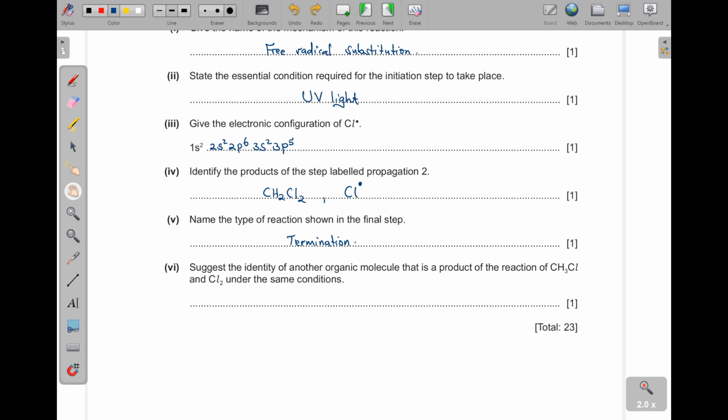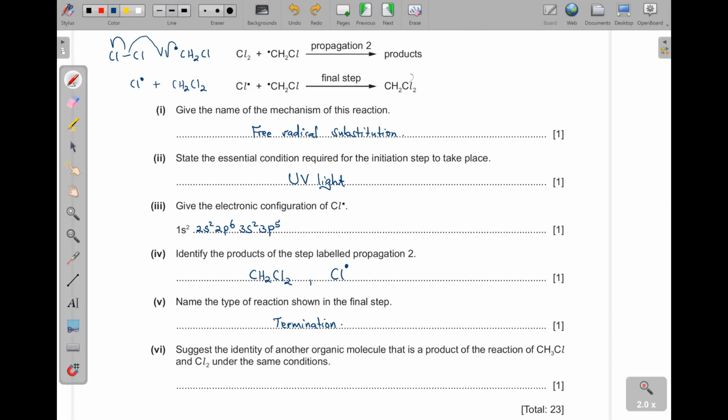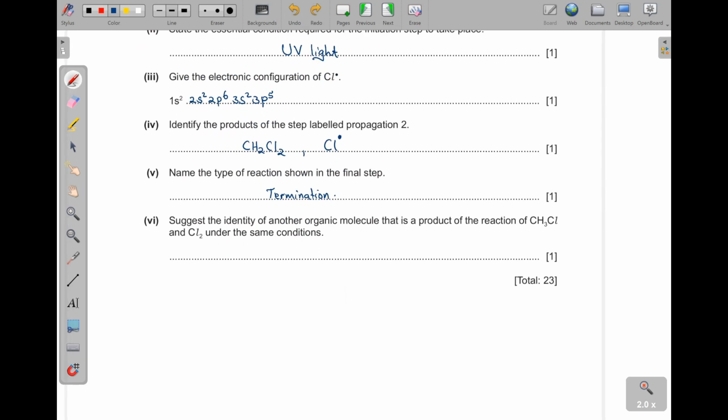Since here we are getting CH2Cl2, this one can continue reacting with chlorine until it has substituted all the hydrogens. So I can substitute one more hydrogen here with a chlorine, and then I write CHCl3, okay?